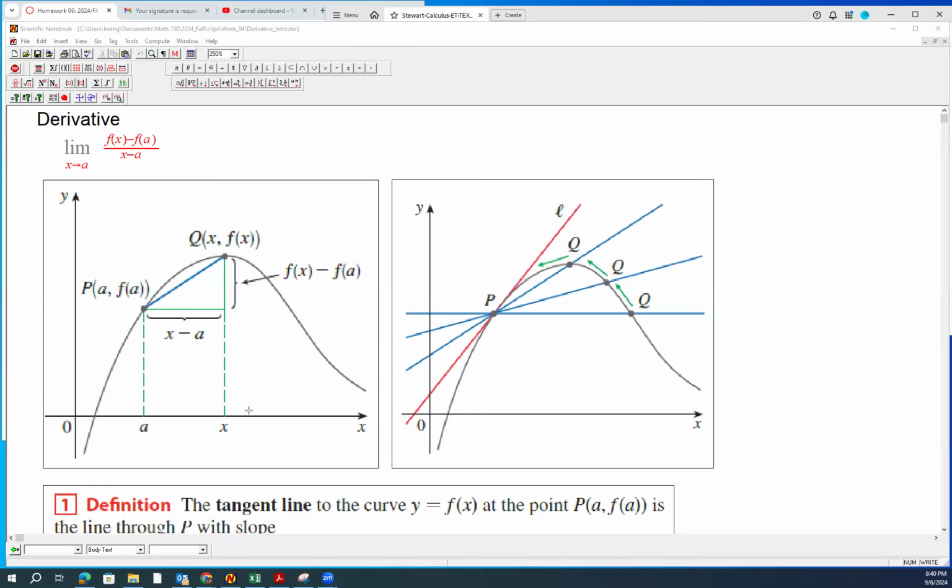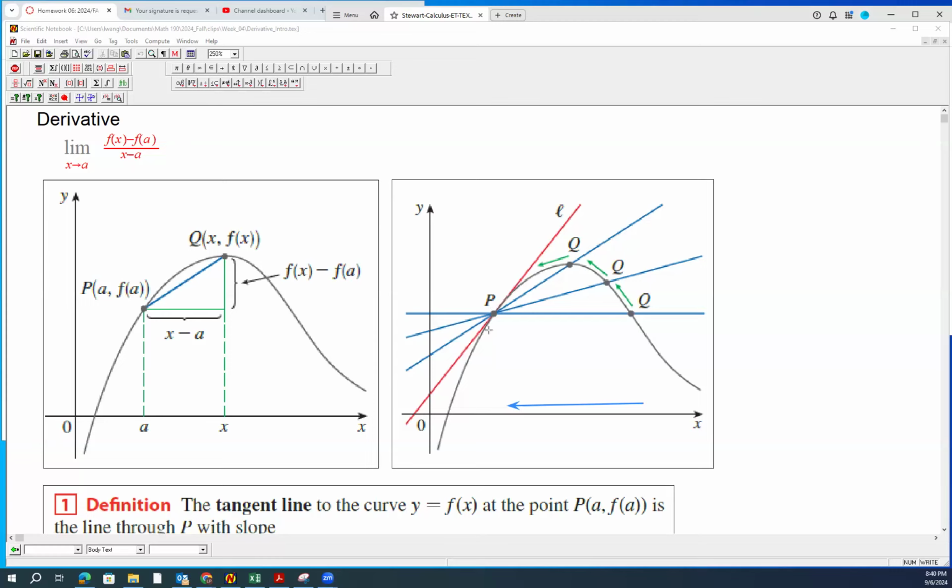As x is getting closer and closer to a, you can see the point Q is getting closer and closer to P, until the point Q is infinitely close to P. So that's the limit that we're going to look for.